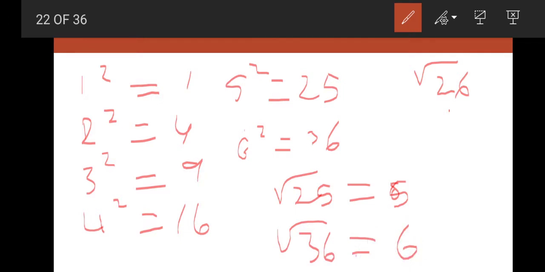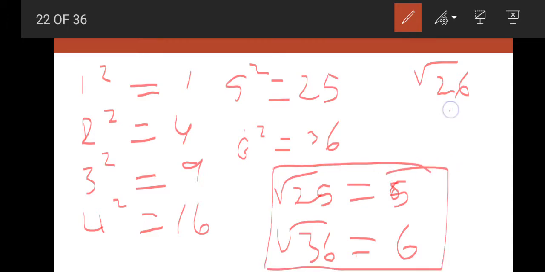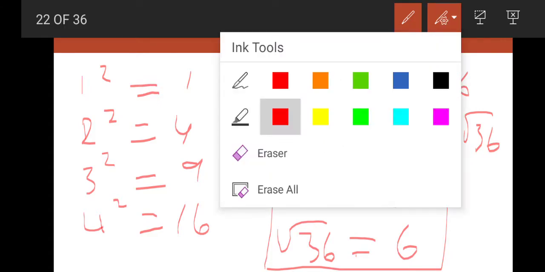Realize from this that the square root of 26 lies between the square root of 25 and the square root of 36. Remember, the square root of 25 gives you the integer 5, and the square root of 36 gives you the integer 6. So we can write it this way.